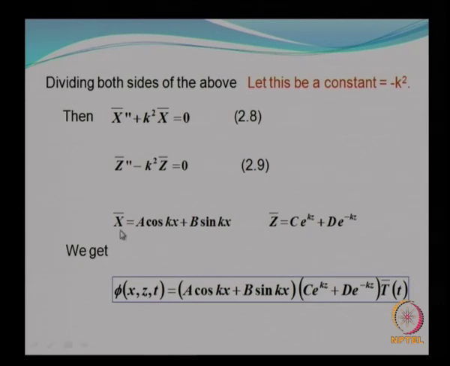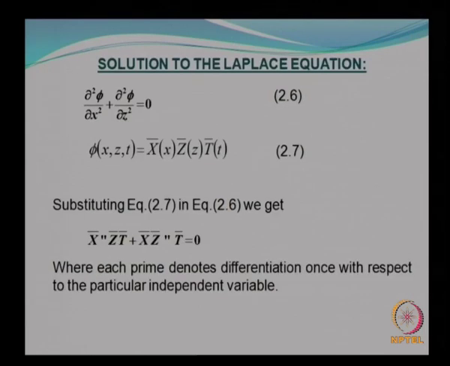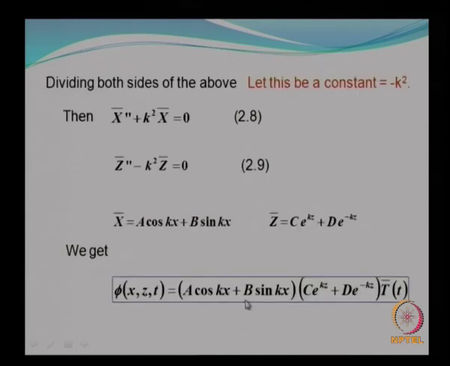So when I substitute for X and Z in this equation, then I get a solution to the velocity potential, which will be a function of x, z and a few constants, 4 constants a, b, c and d.